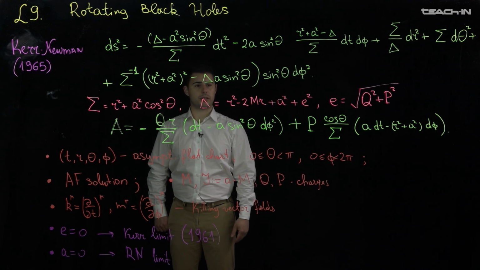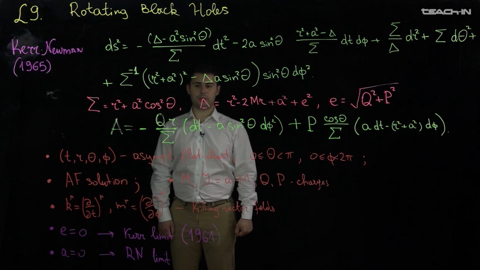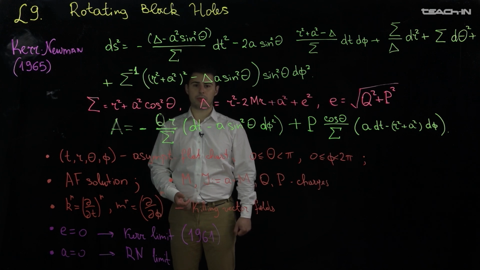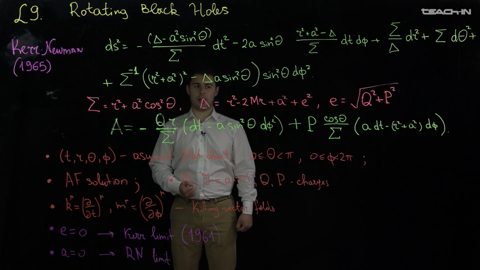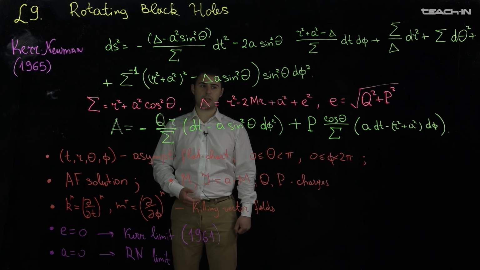So this solution has 4 parameters. These are the mass, which corresponds to parameter m. This is the angular momentum per unit mass, which is the parameter a. These are the electric charge q and the magnetic charge p.